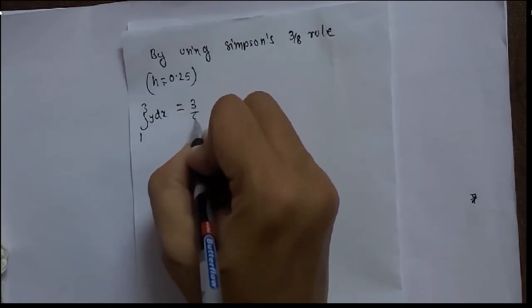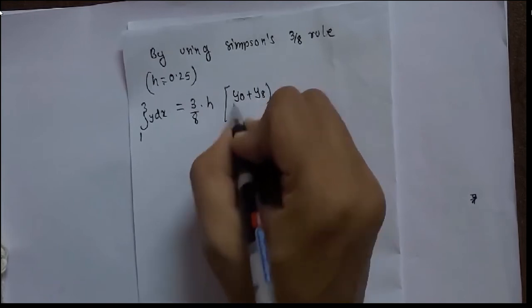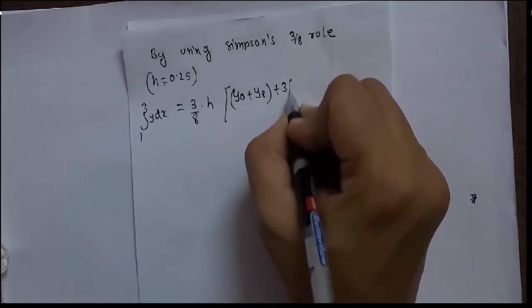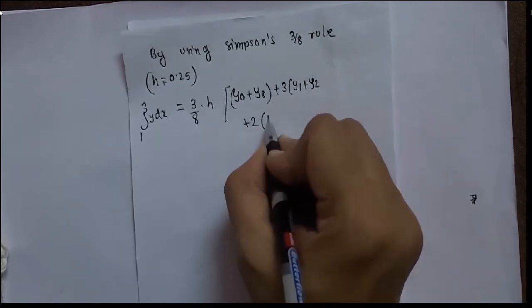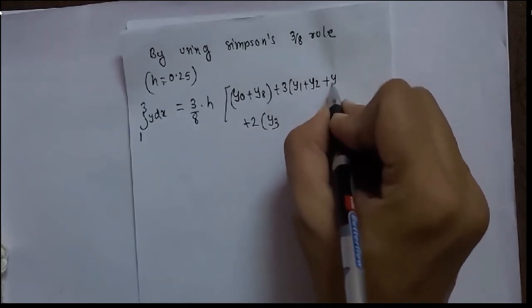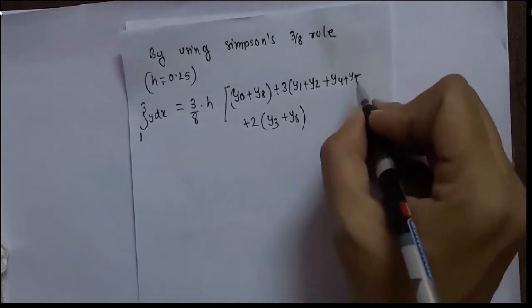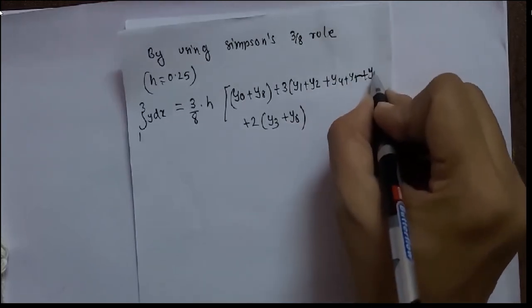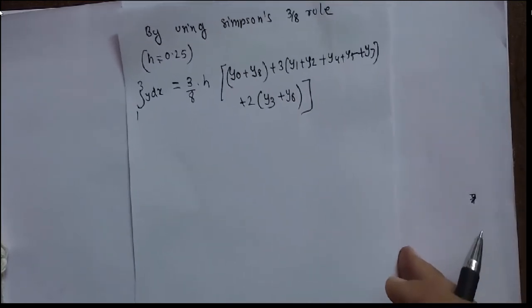So 3/8 into h, y0 plus y8 plus 3 times (y1 plus y2 plus y4 plus y5 plus y7) plus 2 times (y3 plus y6). So this is the way to write Simpson's 3/8 rule.